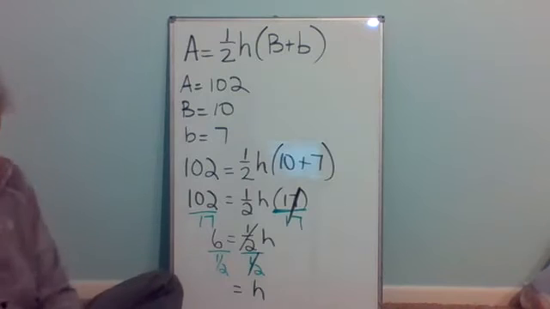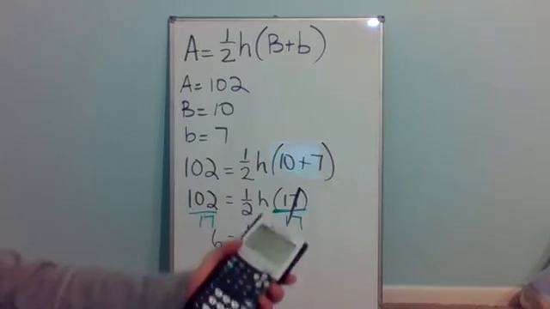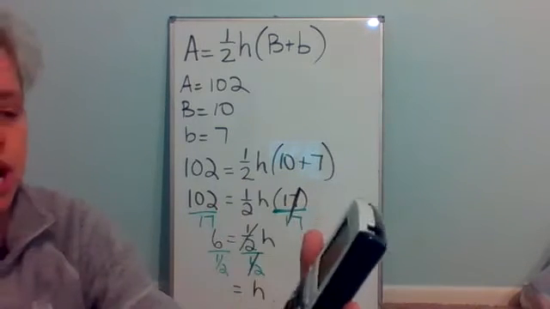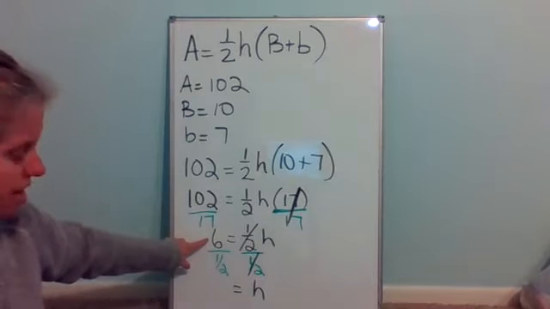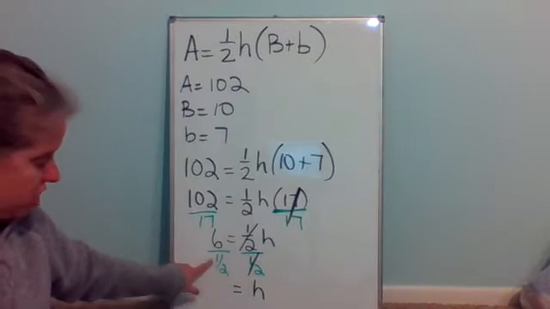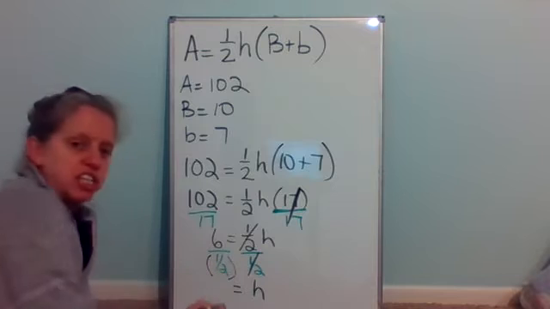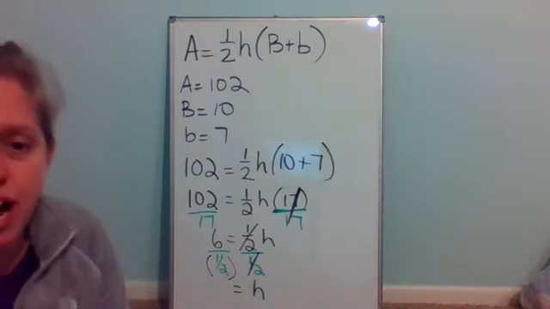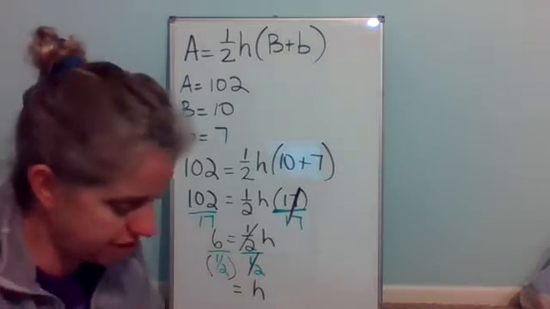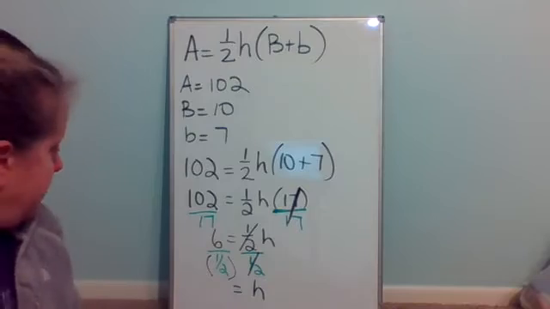Here's where you have to be careful. Remember how we were doing this in the calculator: since we were dividing, and one of the parts of our division was a fraction, you wanted to put that fraction in parentheses in your calculator. Because if not, let me show you what it looks like.